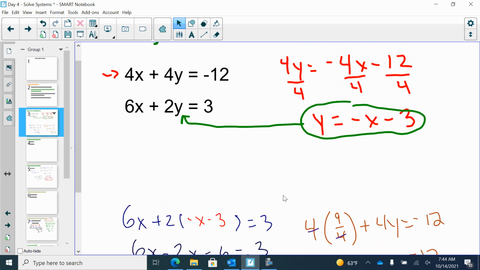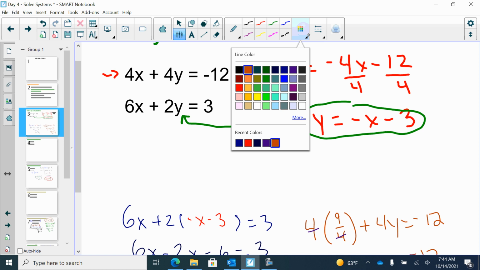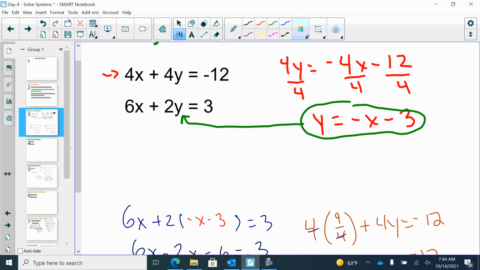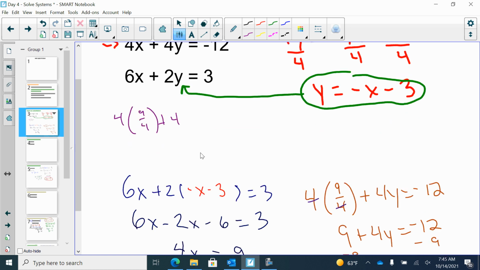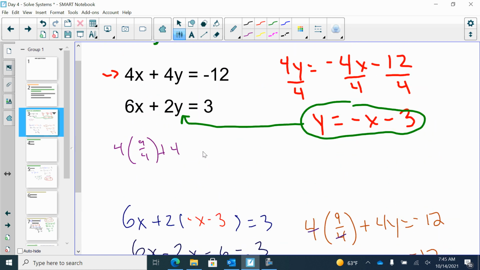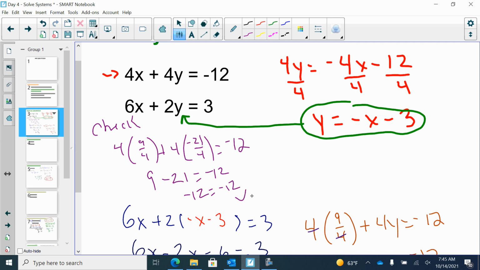So let's check them, 9 over 4 for x. 4 times 9 over 4 plus 4 times negative 21 over 4 for y. The 4's cancel out. 9 minus 21 is negative 12. Check. Now let's check it in the other one.